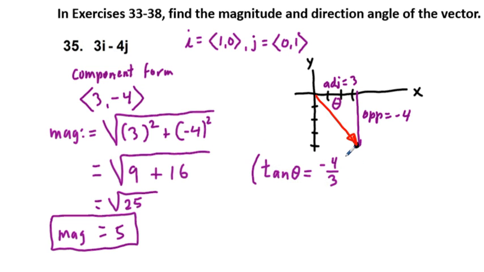And taking the inverse tangent of this whole equation, inverse tangent and tangent cancel each other, so we get theta is equal to inverse tangent of negative 4 over 3.